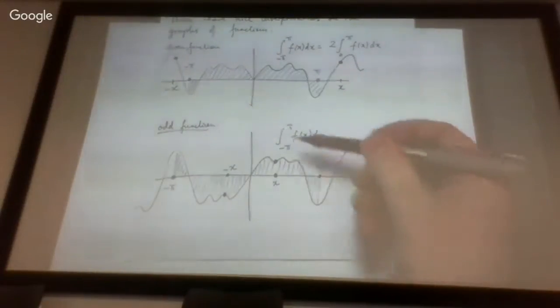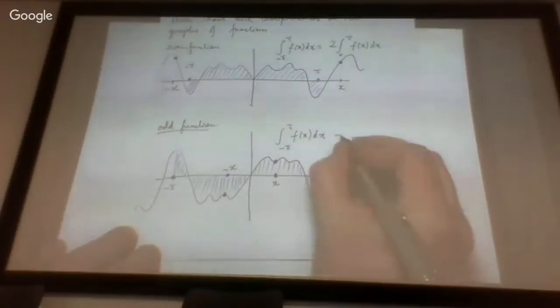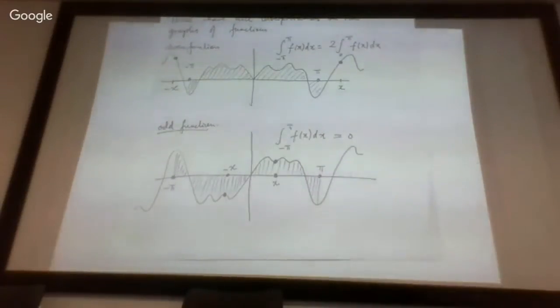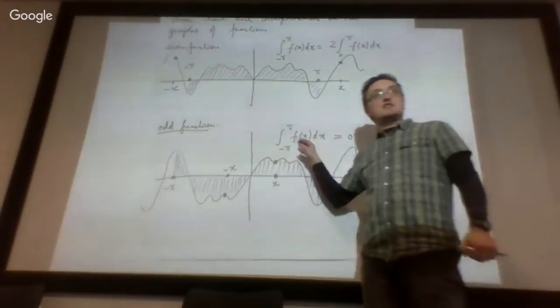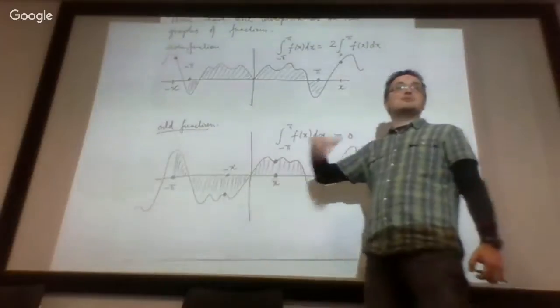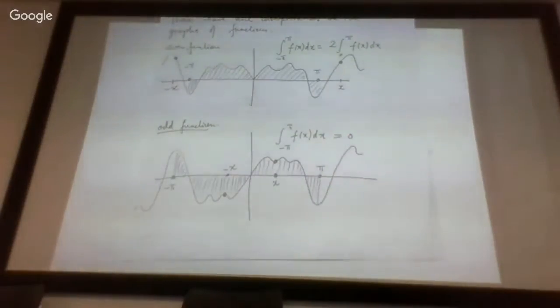When the interval of integration is centered at the origin, and the function is odd, the two sides are going to cancel out. Every bit of area on the right-hand side has its corresponding bit of area on the left-hand side, which is the opposite sign in the integral.